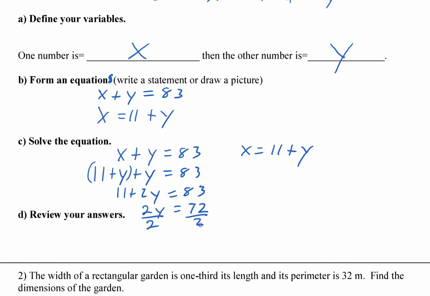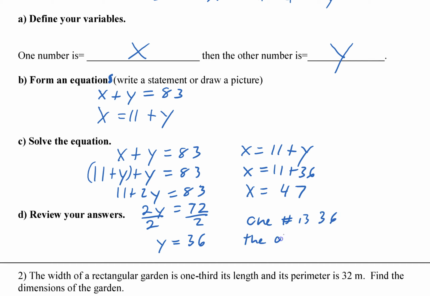Divide by 2, so y is 36. Then we come back over here, plug it in, and x is 47. So one number is 36, the other is 47.